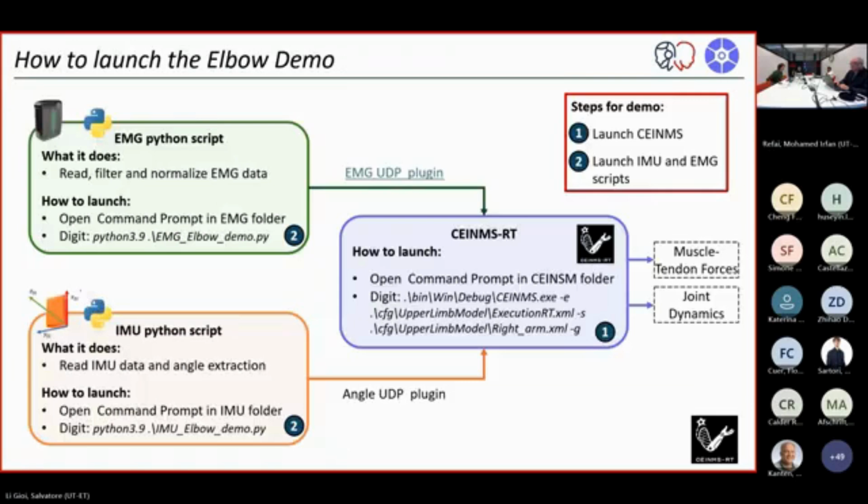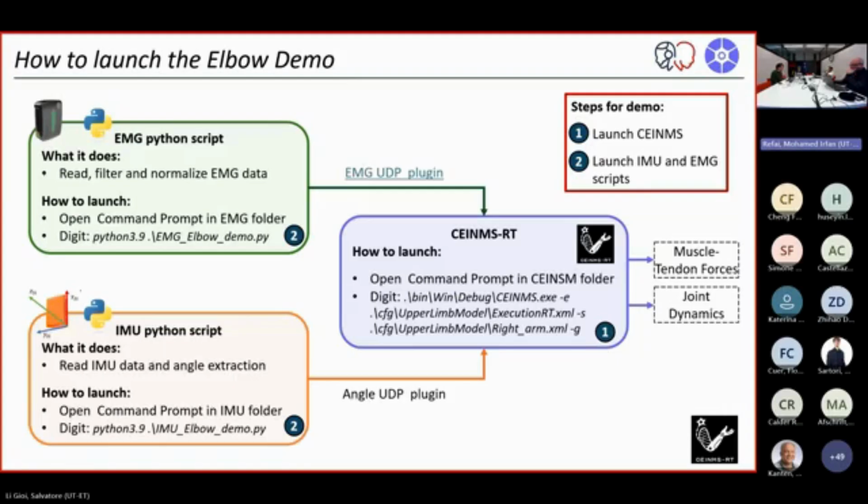So this is a brief summary of how this demo is going to work. We have the EMG Python script that is able, thanks to the SDK of the Trigno, to read, filter, and normalize EMG data. We have the IMU Python script that reads the IMU data and also extracts the angles.